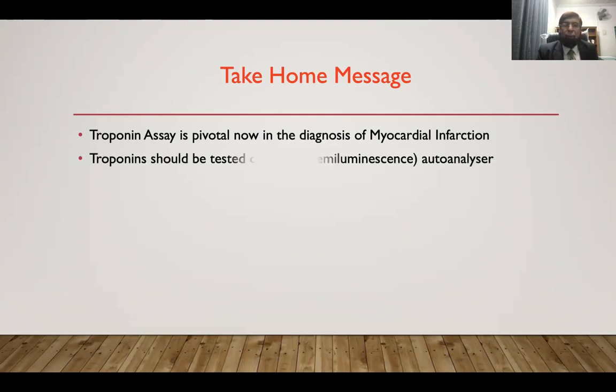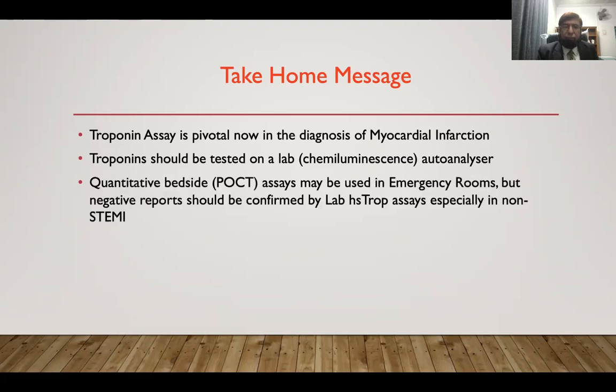Quantitative POCT may be used in the emergency, but with the backup of chemiluminescence. Chemiluminescence autoanalyzers should be used. The turnaround time is usually 1 hour, plus or minus 5-10 minutes.